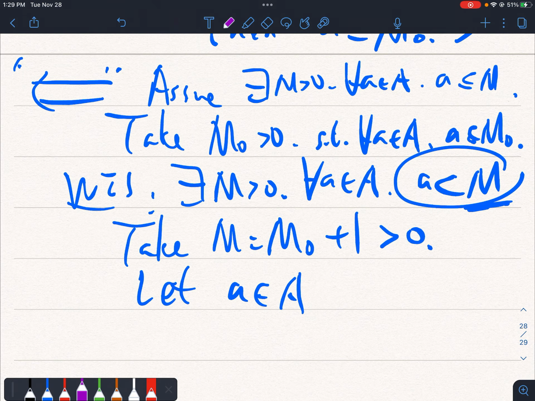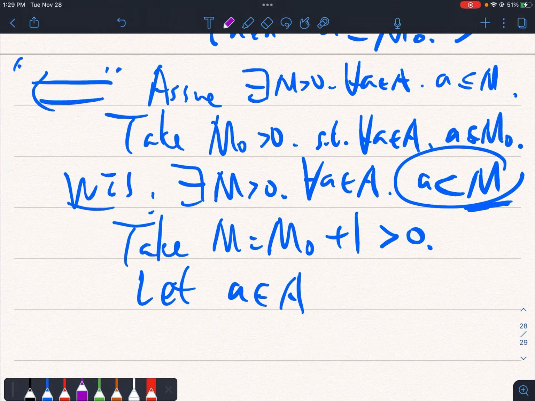This is an inequality where one of them is strict. So then the entire inequality is strict. So a is less than m. And you write it down. Okay?